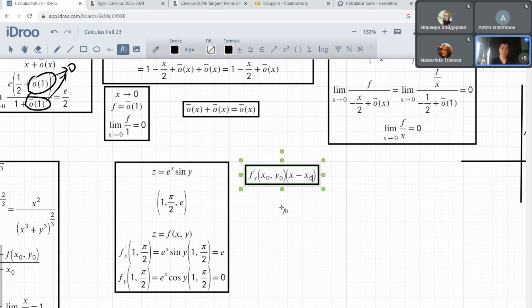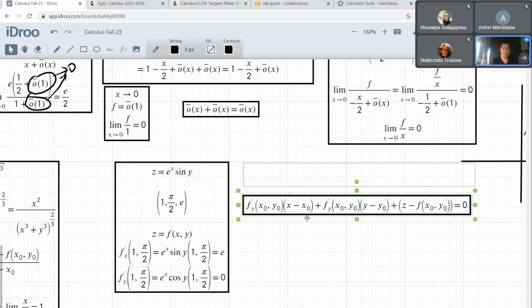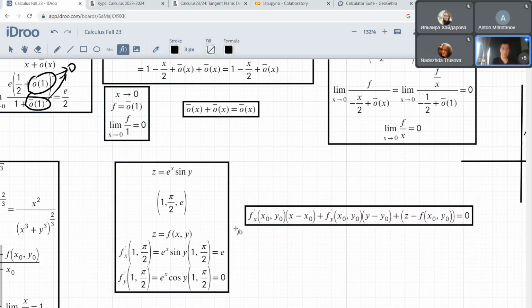x minus x0 plus 0 times (y minus y0)... Sorry, I need a lot of time to type it. As you can see, it's a long formula expression, but at least it's kind of aesthetic, because my own handwritten notes are really terrible.